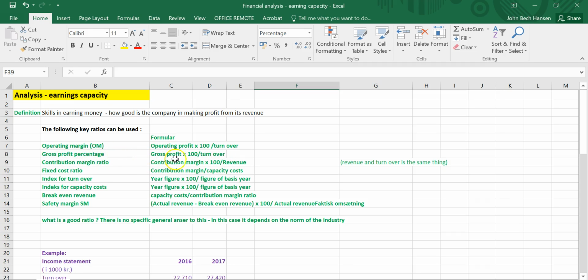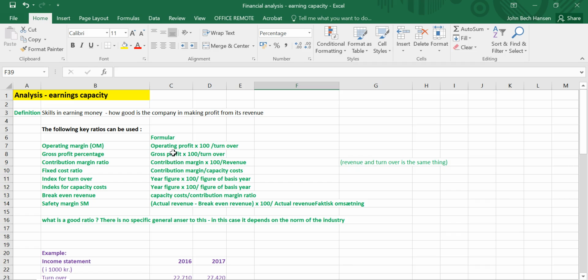Gross profit percentage is just the percentage of the product itself. So if, for instance, and that's quite normal in many companies, they have a lot of different products, probably some products will have a higher gross profit percentage than others.